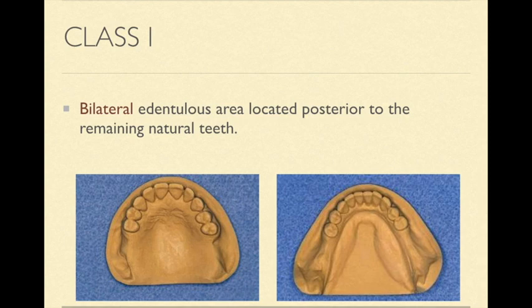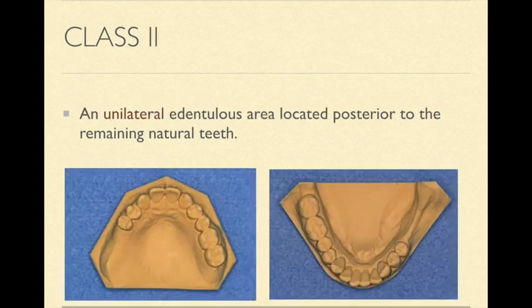So what's the class 1 classification? Class 1 means that patients have bilateral edentulous areas located posterior to the remaining natural teeth. However, if the edentulous area located posterior to the remaining natural teeth is just unilateral, that would be class 2. When we say those edentulous areas are located posterior to the remaining natural teeth, it means there are no teeth in the back. So for class 1 and class 2, there are no teeth in the back.